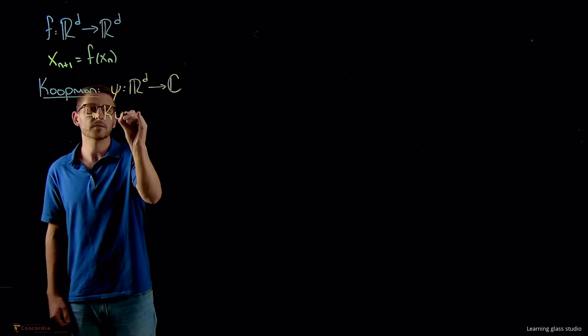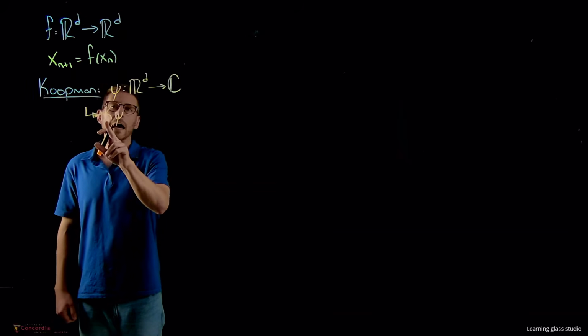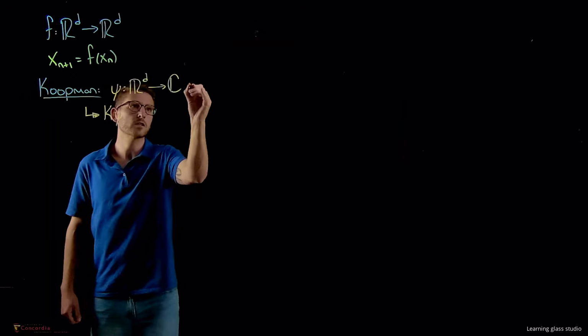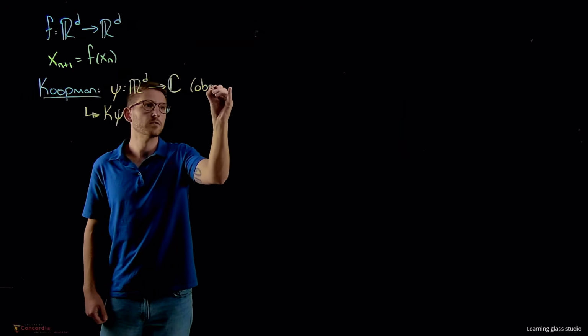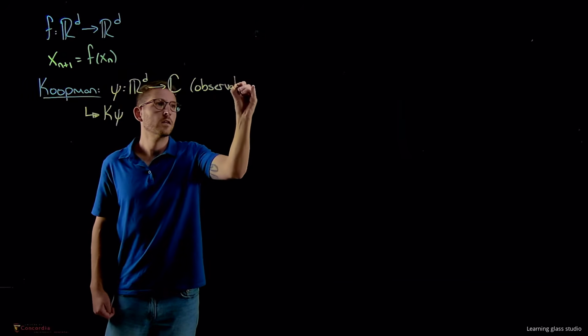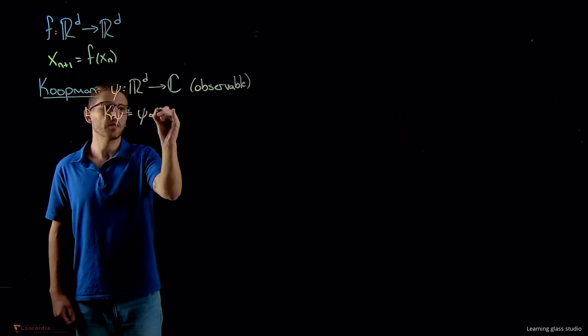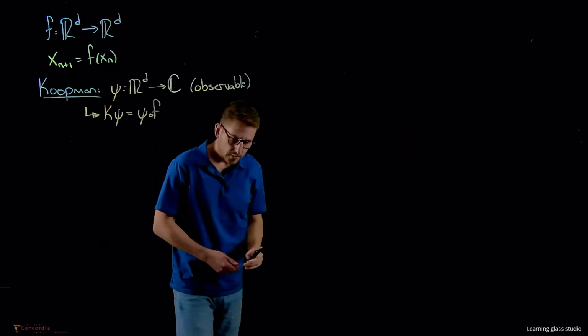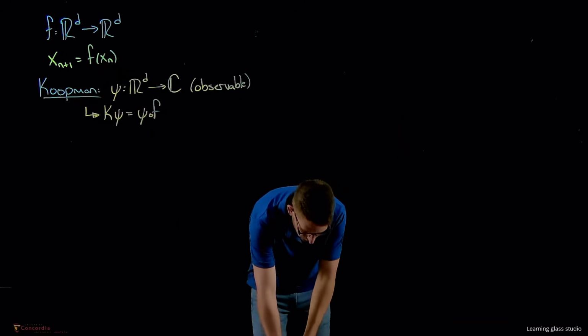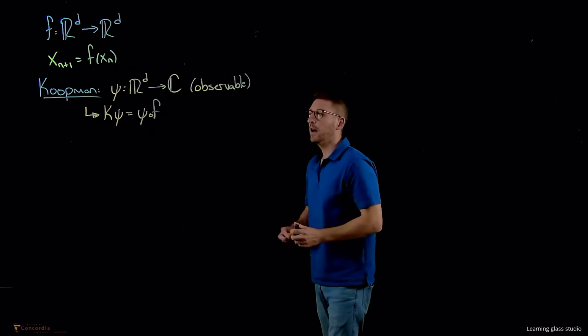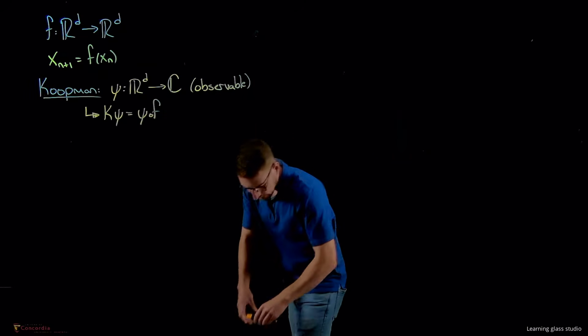So Koopman of psi, remember Koopman acts on these observable functions through function composition. And remember, we saw that this action really is pushing forward the dynamics inside of these things.